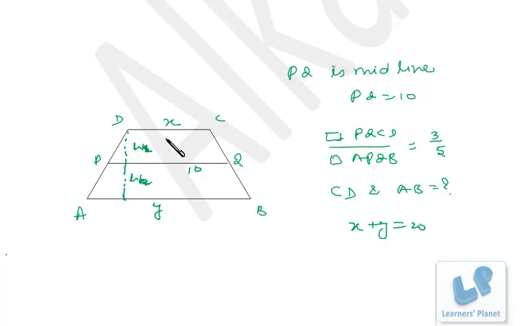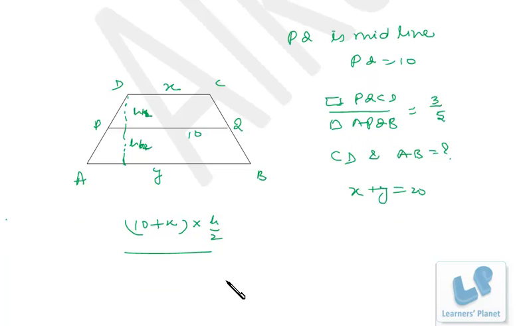So the area of this trapezium will be what? Half of the sum of parallel sides into the distance between them. So that's (10 plus x) into h by 2. Similarly, the area of this APQB will be the sum of parallel sides, that is y plus 10, into the distance between them, h by 2.